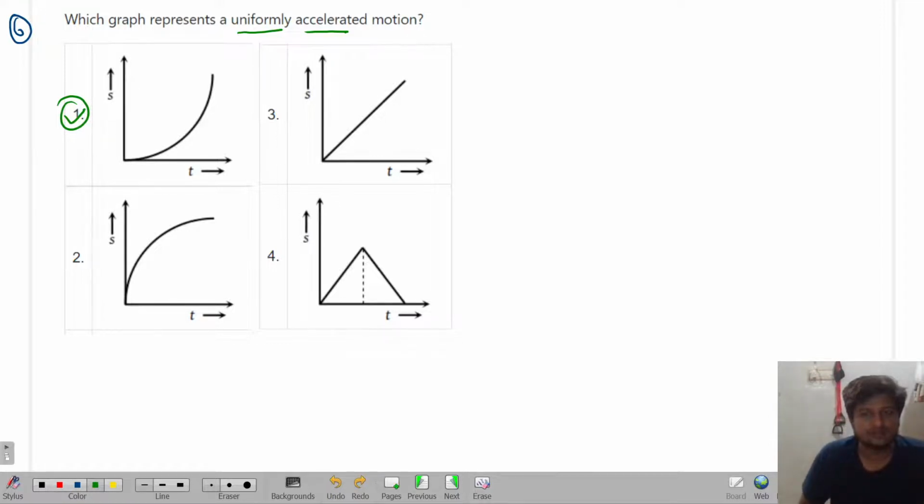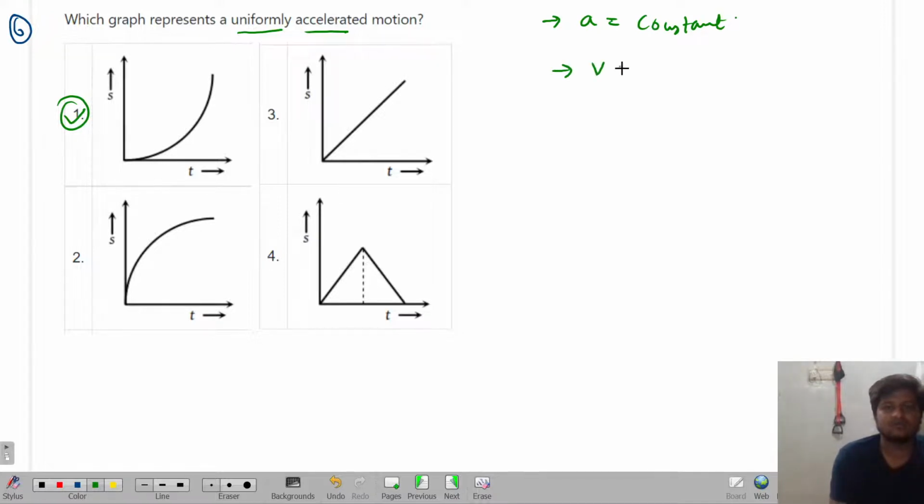And velocity should increase in a uniform way. Sorry. If I talk about uniformly accelerated motion, what remains constant? A remains constant. That means what? V increases in a linear way. V increases uniformly. But if V increases uniformly, that does not imply that displacement will increase uniformly.